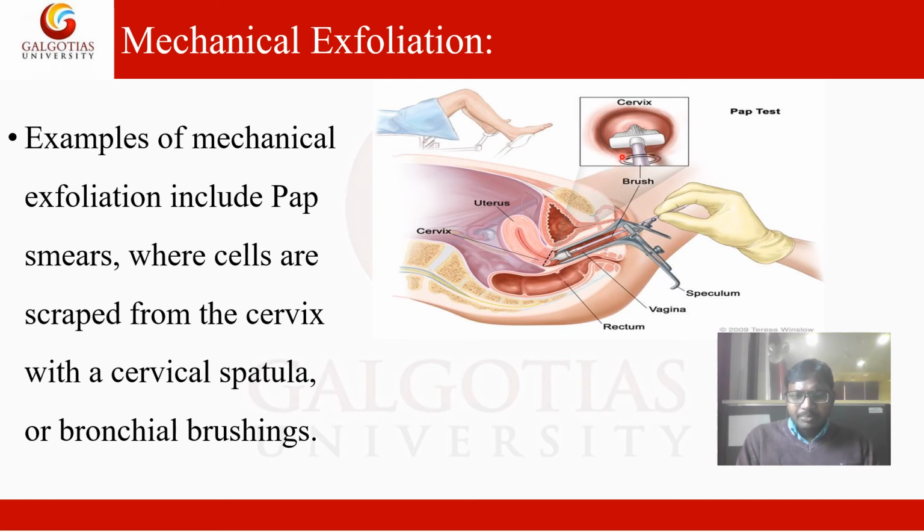We are applying mechanical pressure with the brush on the cells to collect them. We use a cervical brush, put near the cervix through the vagina, using a sampling tool like a spatula. With this we get the best sample for slide preparation. After slide preparation, we go for staining.